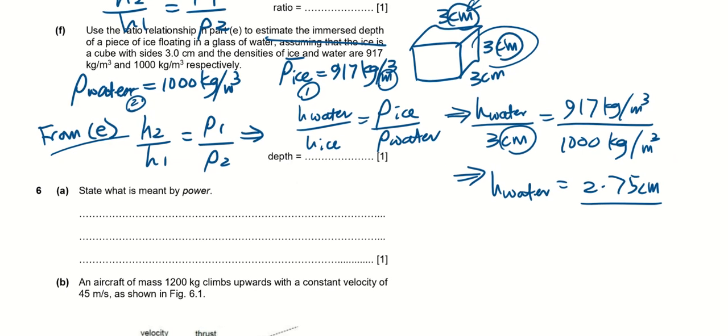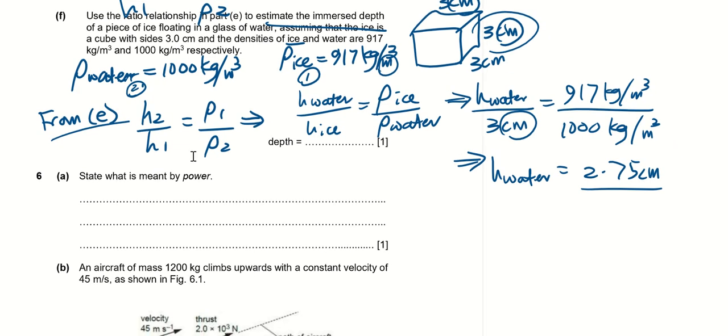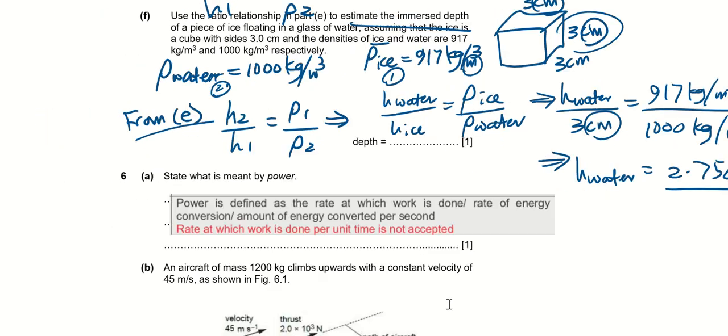Okay, next, state what is meant by power. You see that the answer is power is defined as the rate at which work is done or the rate of energy transferred, or the amount of energy transferred per second.